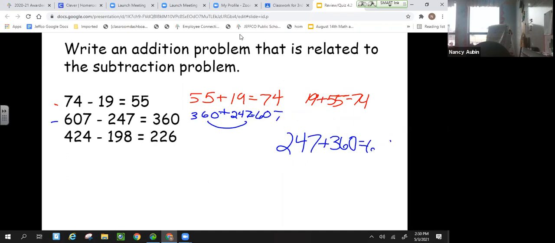All right, let's look at the last one. 424 minus 198 equals 226. What two addition problems relate to that subtraction problem? Hold it up when you have it.